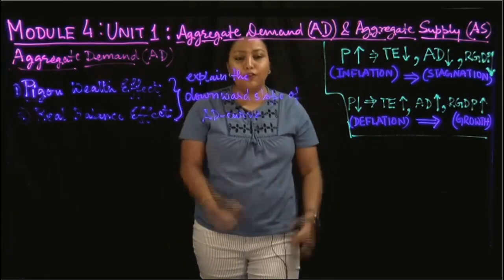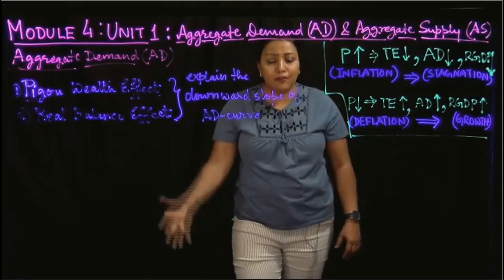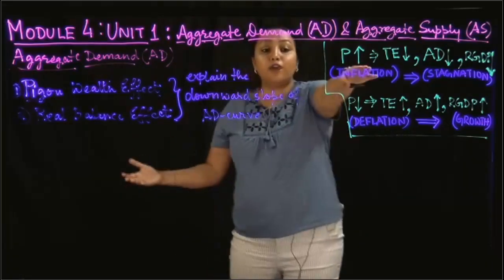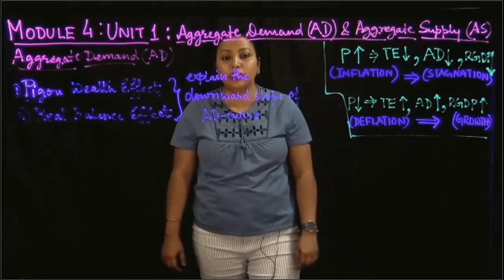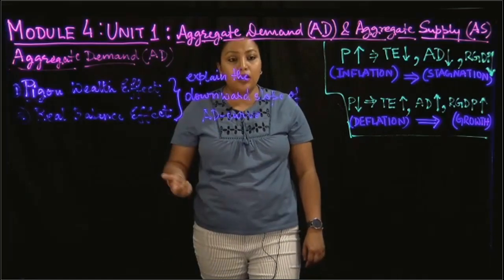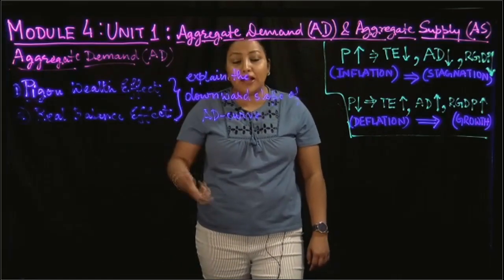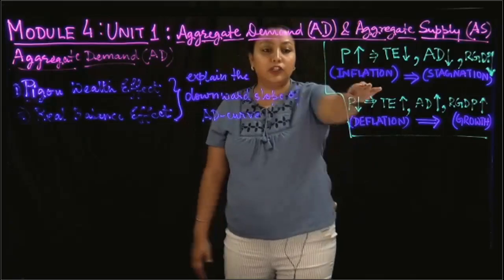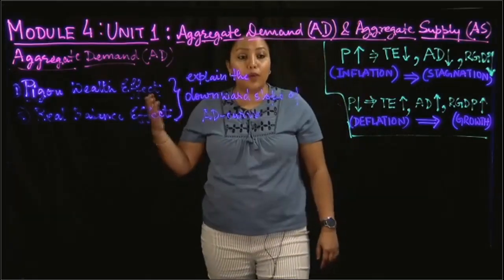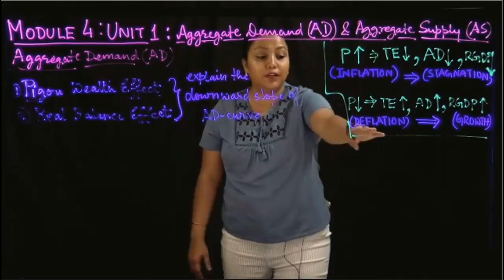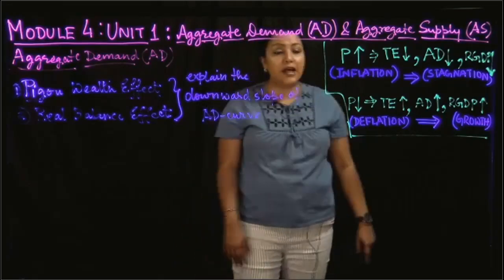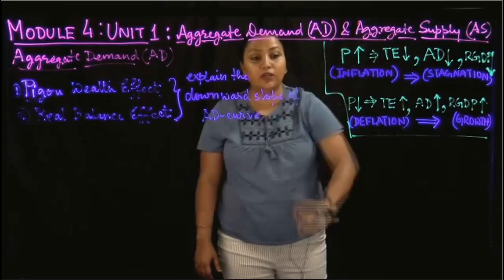So the worth of your house goes down whenever there is a situation of rising prices or inflation in the economy. In other words, the value of your wealth decreases with inflation and the value of your wealth increases with deflation, and as a result of that you see that inverse relationship.